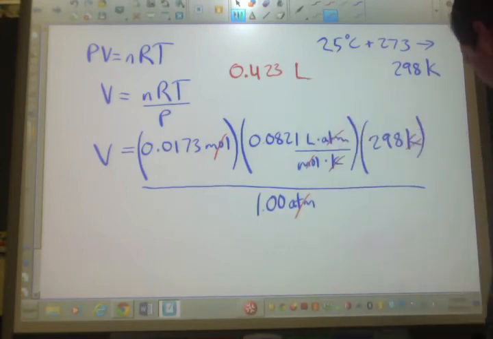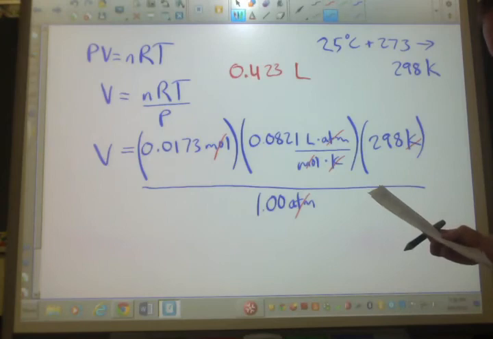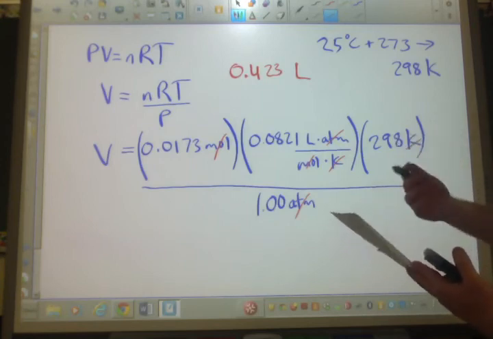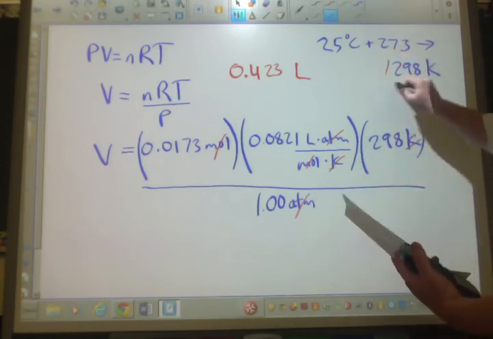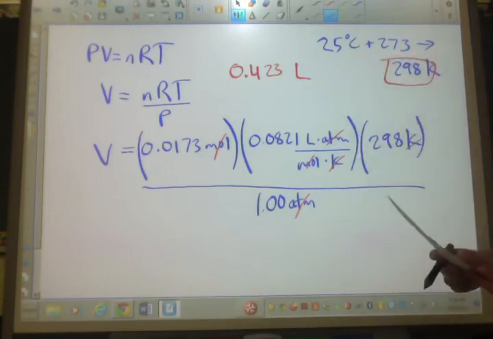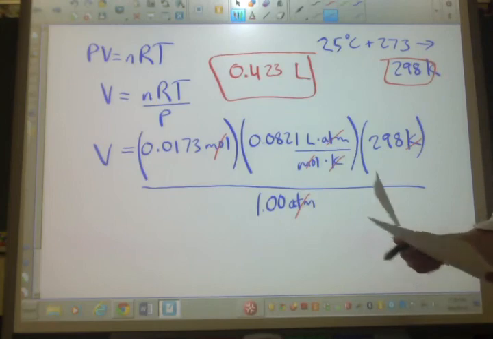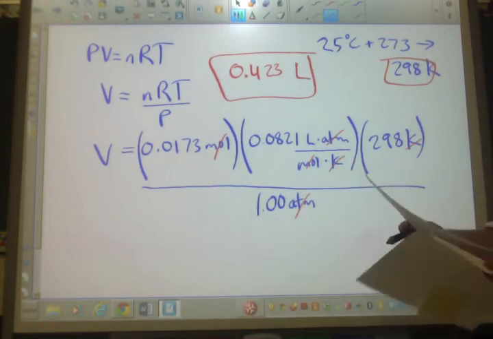So this should be liters. And let's see, sig figs. Now I see 3 sig figs, 3 sig figs, and 2 sig figs for the temperature. But remember, with temperatures, the 2 sig figs in 25 turn into 3 sig figs when we have it in Kelvin. So we're going to use 3 sig figs. This is my answer. Okay, so that's number 2 and number 5.